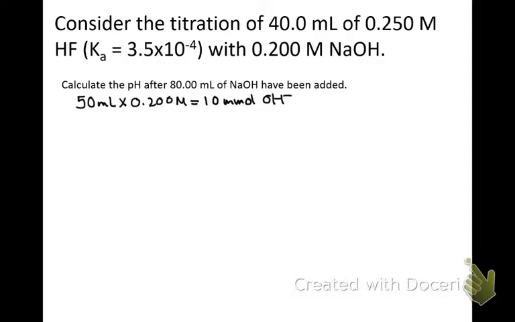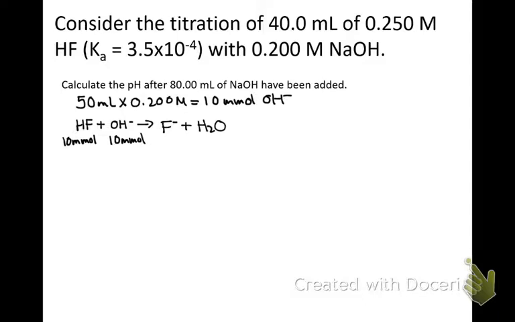All right, once again, we put that into our neutralization reaction. HF plus OH minus becomes F minus plus water. We know that we start with 10 millimoles of HF and 10 millimoles of OH minus.